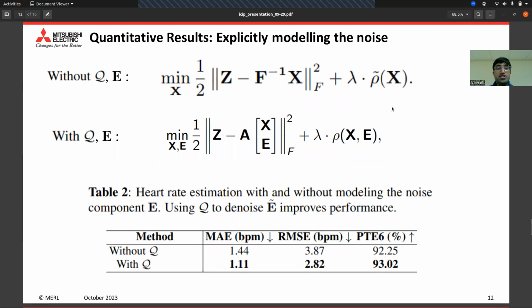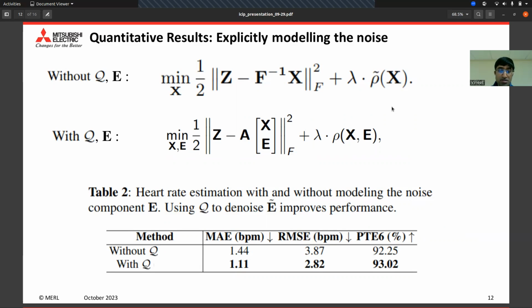We also conduct an ablation study to understand the effect of explicitly modeling the noise. The top optimization problem does not explicitly model the noise and only optimizes over the frequency coefficients of the pulse signal X, with the corresponding implicit prior operating only on X. The bottom equation is our standard formulation in which we model both the noise and the frequency coefficients of the pulse signal.